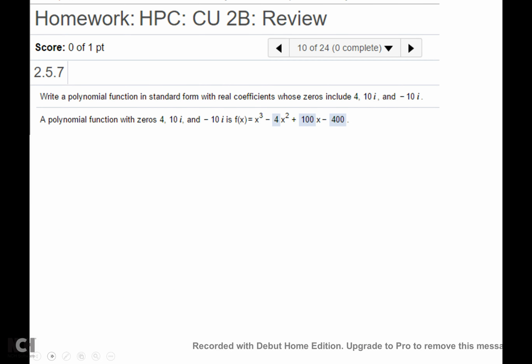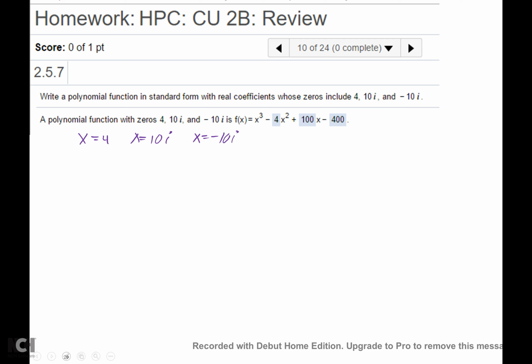Okay. Alright, this one says write a polynomial function in standard form with real coefficients whose zeros include 4, 10i, and negative 10i. Same instructions, they're just, instead of them writing f of x equals factor times factor times factor, they're telling you what the zeros are. So they're telling you that x equals 4, that x equals 10i, that x equals negative 10i.